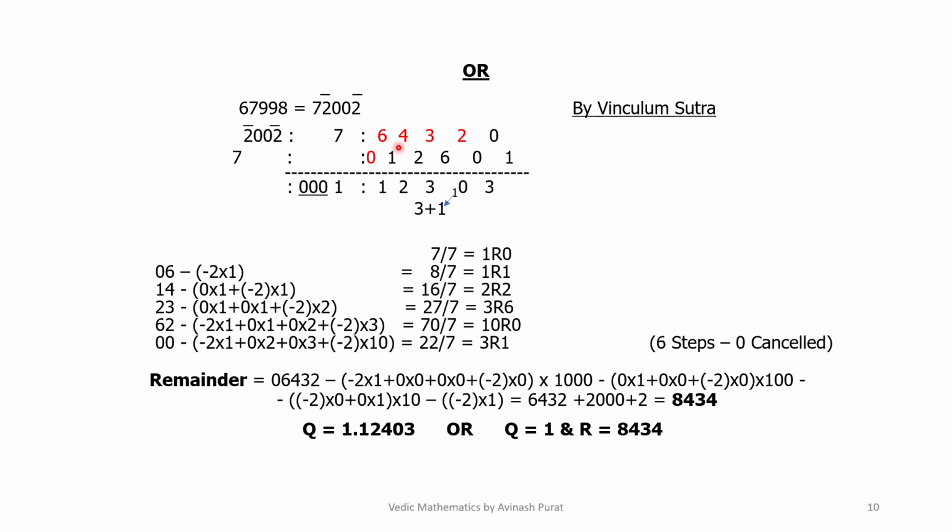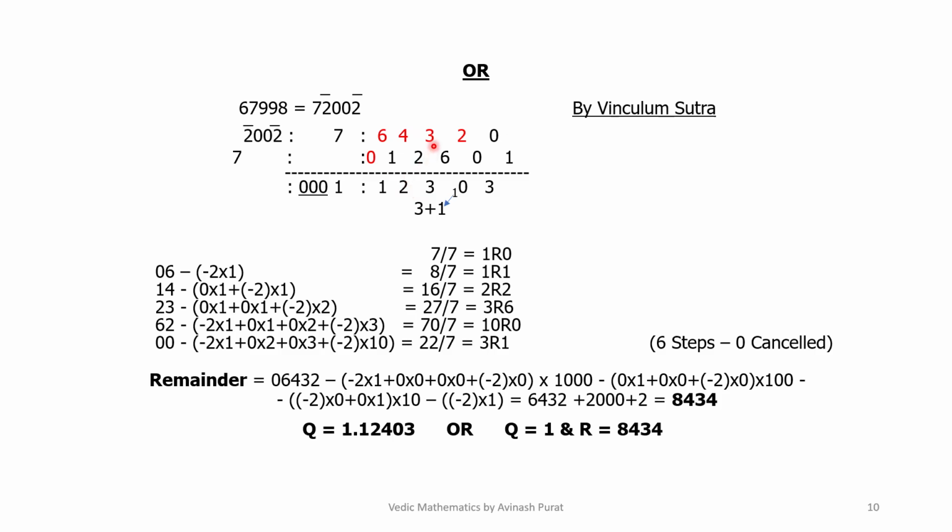Now next dividend is 14 minus 0 into 1 minus 2 into 1, that is 14 plus 2, 16 divided by 7 equal to 2 is quotient and 2 is remainder.